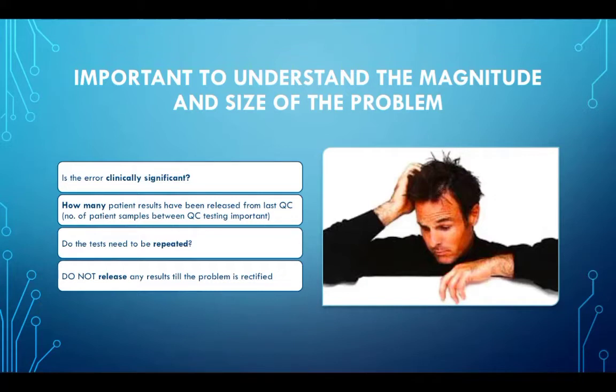Does the test need to be repeated? If the test needs to be repeated, then you have to recall all the results which you have released after the last successful QC. But important thing is, do not release any result which you have not released yet till you are rectifying the problem.